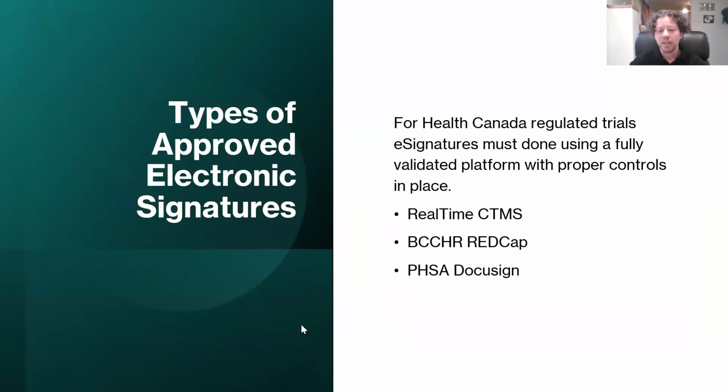All of these will allow you to get validated electronic signatures. I will note, however, that PHSA DocuSign is something that I think costs teams money, so it's probably better to stick to the first two options if you can, if it works with your study. There are sometimes other REDCap instances that teams can use, but those have to be approved on a case-by-case basis.